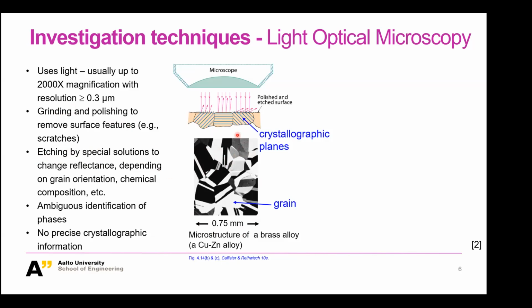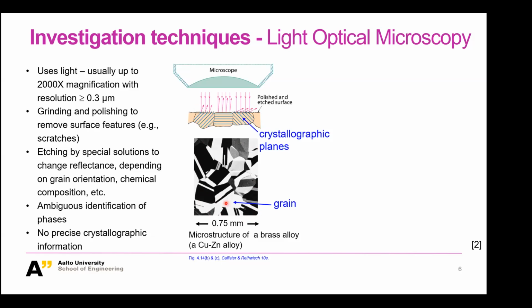Then after etching, it will show a different reaction with your chemical solution. So you will see a different surface roughness condition. Then the refraction of the light can be changed. Then on your LOM image, you will see different colors of these black or white regions responsible for different phases or grains.